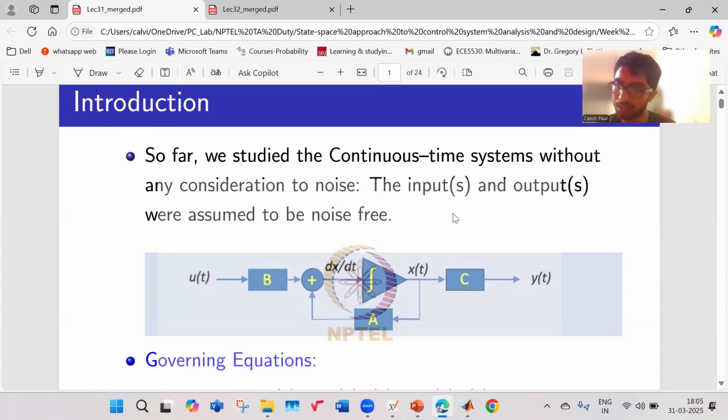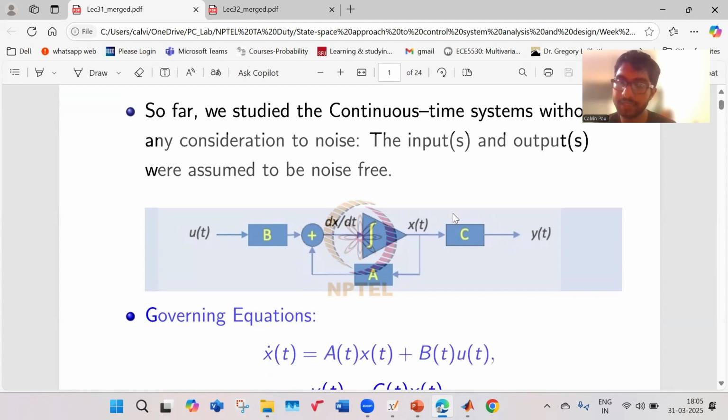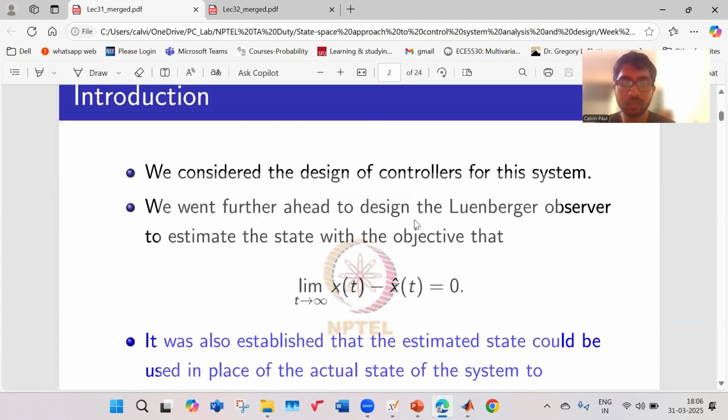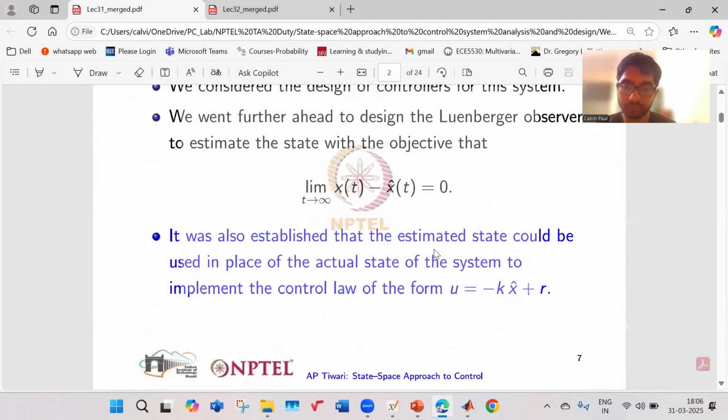So there is a person called Kalman. He developed a set of dynamical equations, an algorithm, which we can use not to eliminate the noise, but to give us the best estimate of our states. That is known as a Kalman filter.